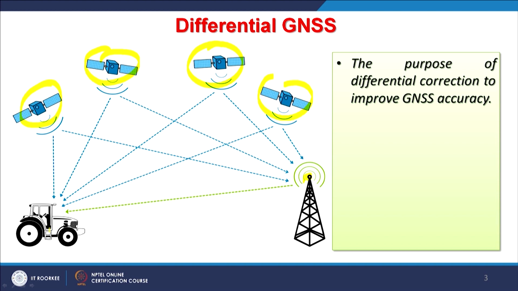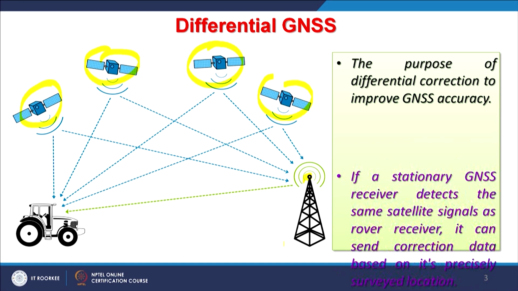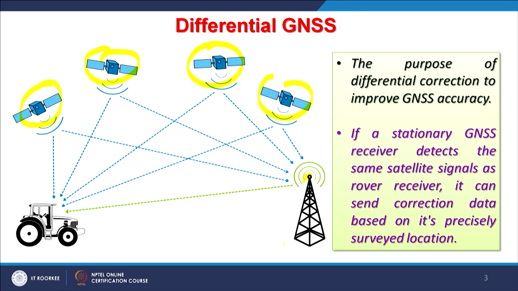So, if all these 4 satellites are giving signals to these receivers, then the task becomes much easier and we can achieve much better accuracy. If a stationary GNSS receiver detects the same satellite signal as the rover receiver, as shown in this figure, it can send correction data based on its precisely surveyed location.